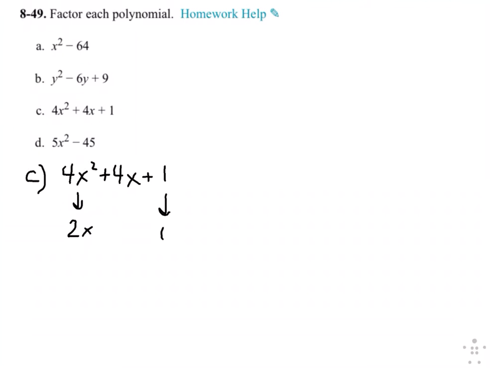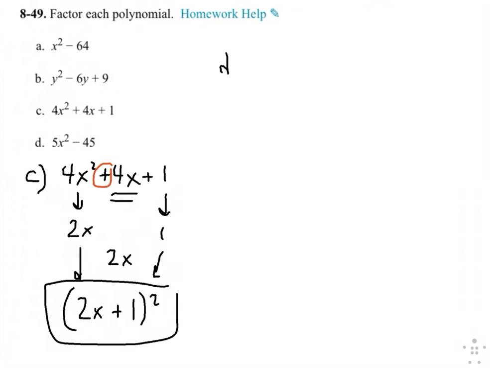This is a perfect square, 1. If I multiply 2x and 1, I get 2x. And that is half the middle term, and the middle term has a plus. So this factors to 2x, and then the 1, and then the sign of the middle term, plus 1 squared, right?